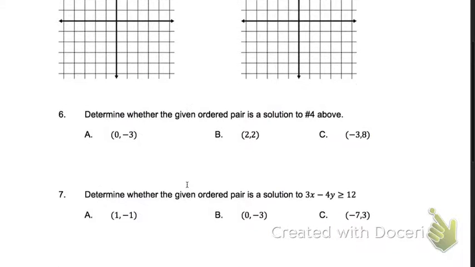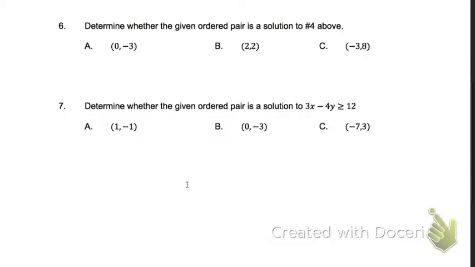Number 7. Here's another, it gives me now an equation, but I don't have the graph, so I can't just plot it on the graph. I'm going to plug in these values into the original equation. If it's a true statement, then yes, it's a solution.